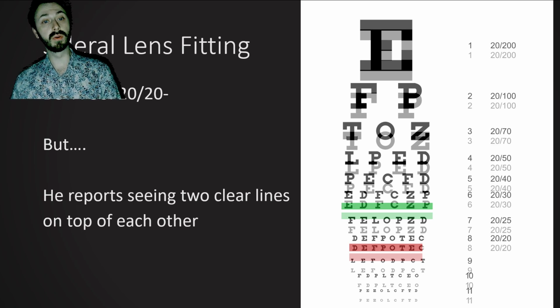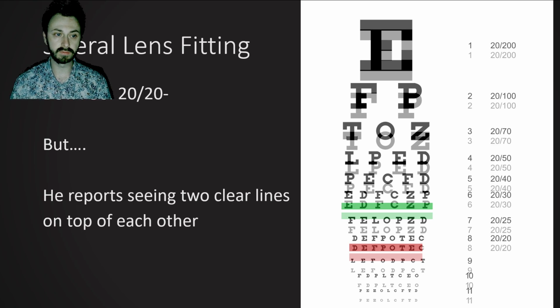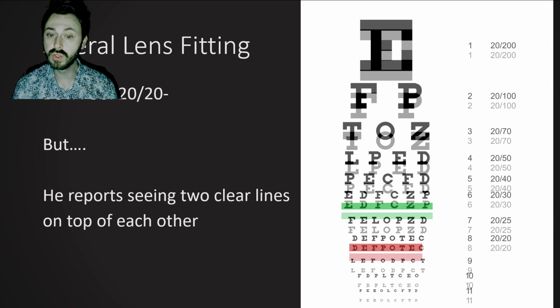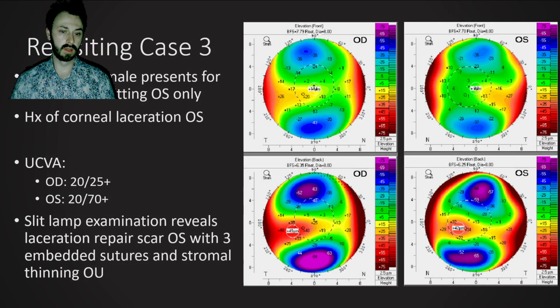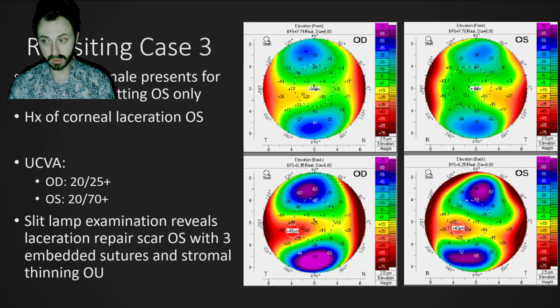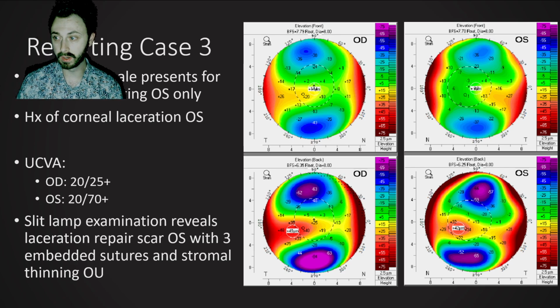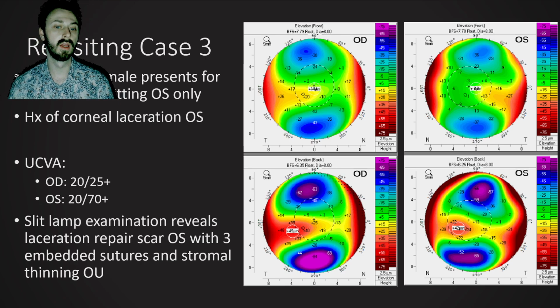His vision did improve. He got down to 20/20 in that left eye. But he always said he sees two very clear lines on top of each other. So, again, got kind of that interesting appearance to his topography.